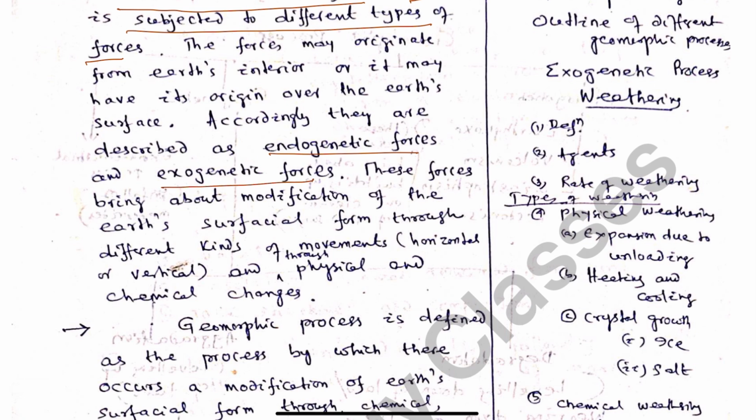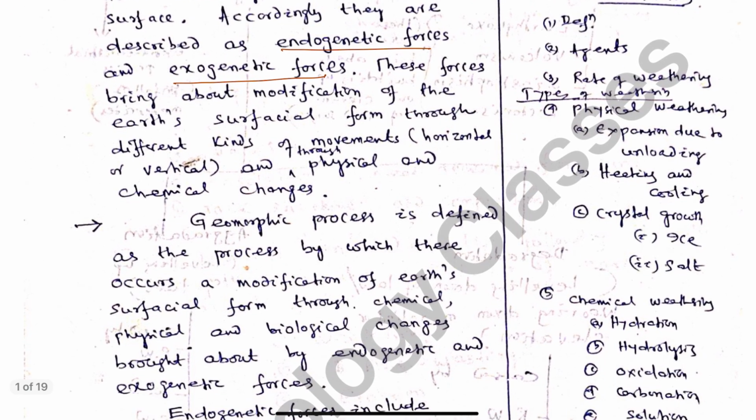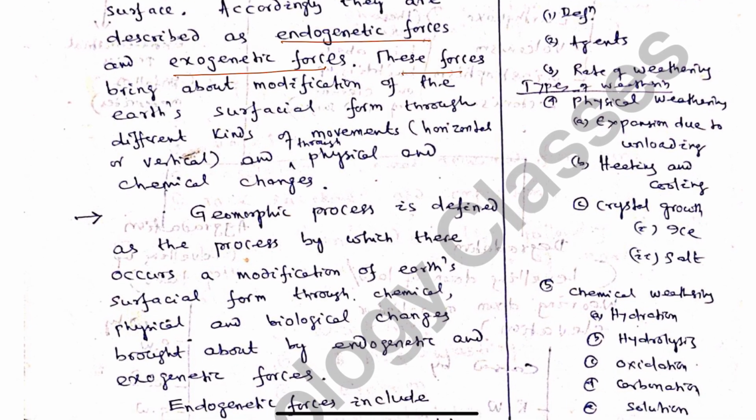Because of the operation of these two types of forces, the Earth's surface features are modified. These forces bring about modification of Earth's surfacial form through different kinds of movements, horizontal or vertical, and through physical and chemical changes that take place over the Earth's surface.